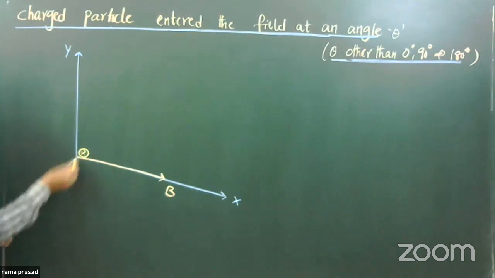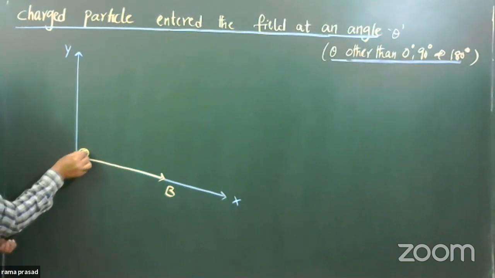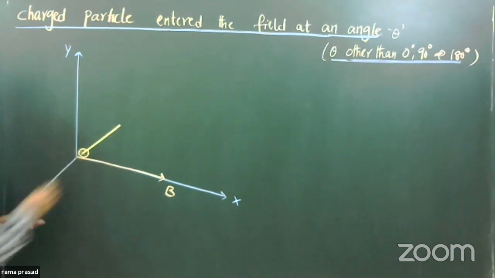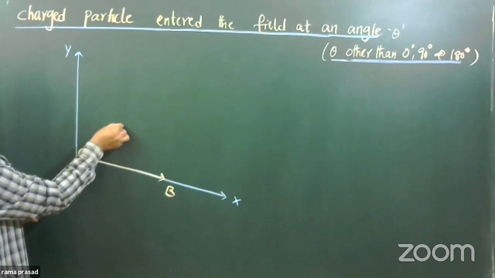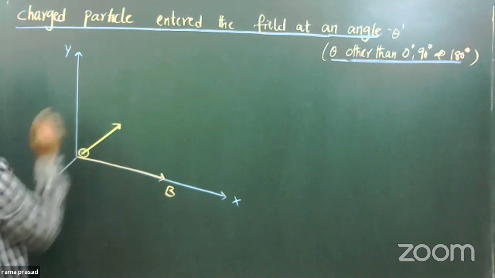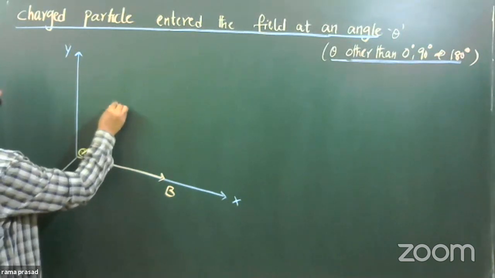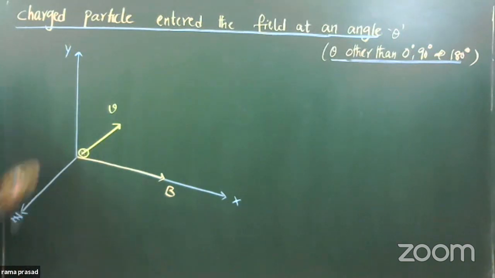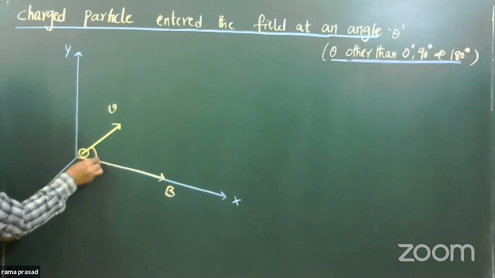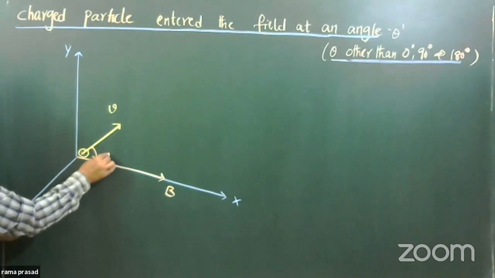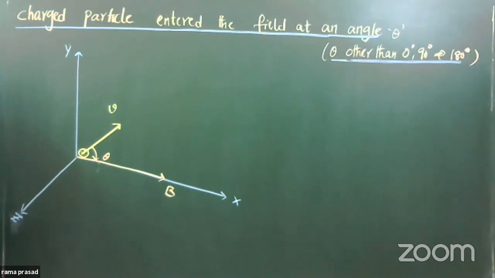A positive charged particle entered this field with velocity v, entered like this, making an angle theta with the field. It just entered the field.